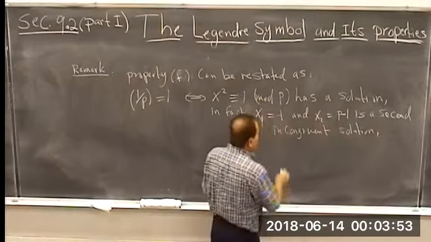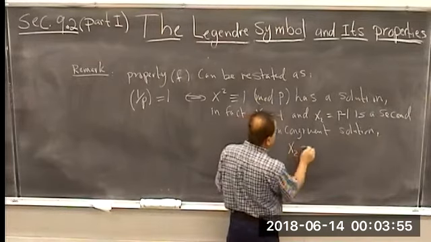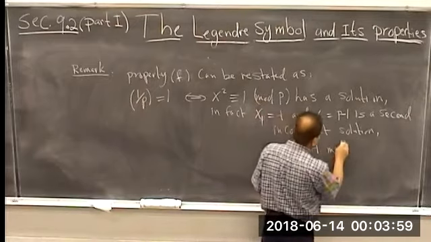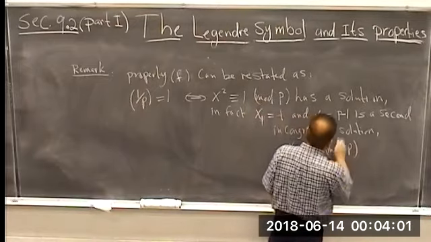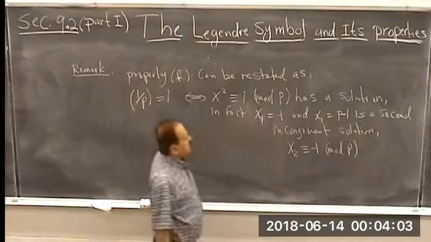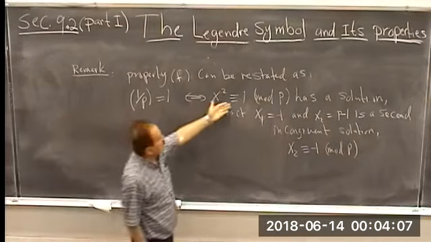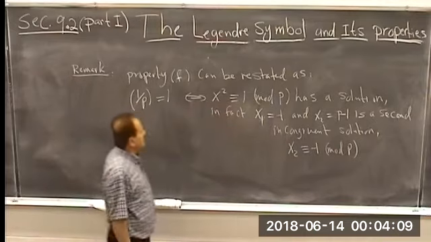And also notice that x2 is actually congruent to negative 1 mod p. If you reduce x2 mod p, then it becomes negative 1, which of course satisfies this congruence equation.